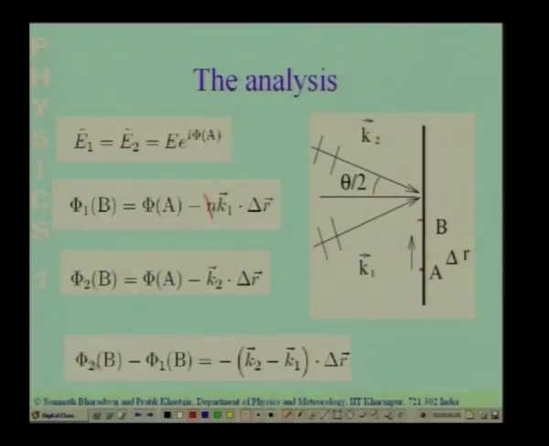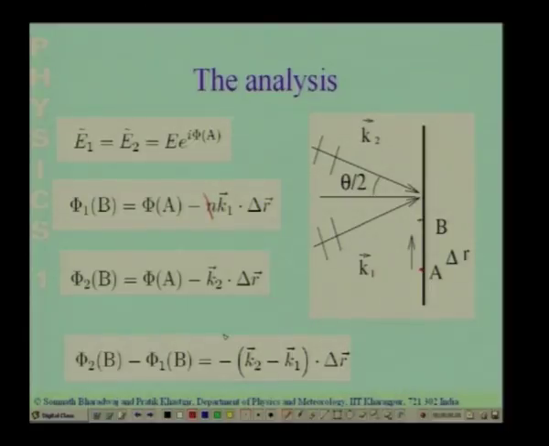The phase difference at the point B, phi 2B minus phi 1B, you can calculate by just subtracting, which gives us minus (k2 minus k1) dot delta r. So, the phase difference between the two waves at the point B is the difference in the wave vectors, k2 minus k1, dot delta r, with the overall minus sign.